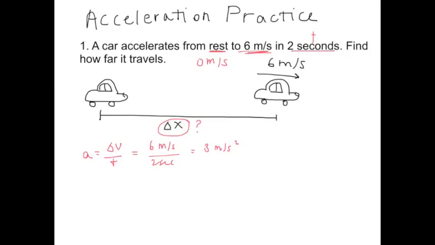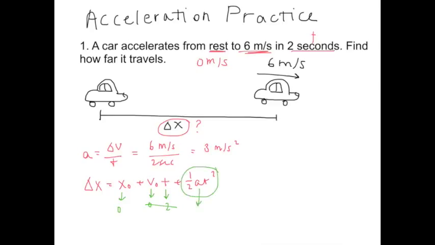Now we can use the equation we just learned for displacement, delta x. So delta x equals x initial plus v initial t plus 1/2 at squared. In this case, the initial position is 0 because it's not really specified. We just want to find how far the car travels. The initial velocity is also 0 because of rest. Time is 2 seconds, but again, the 0 is going to cancel that out. So the only term we're really left with is the 1/2 at squared.